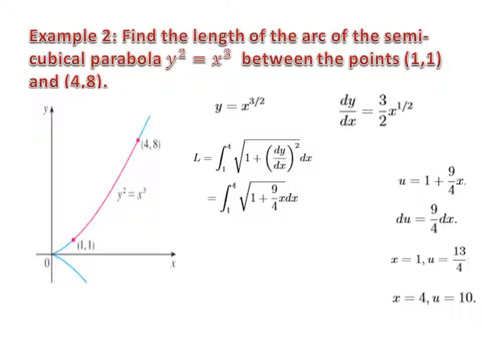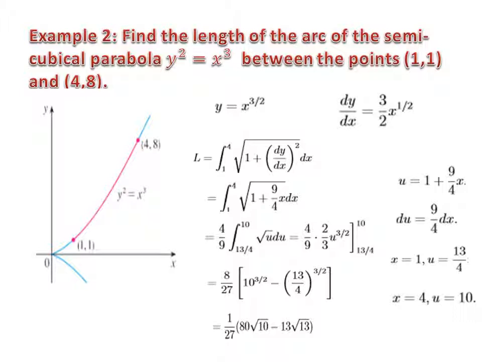And we also don't forget to use the substitution method. We let u equal 1 plus 9/4 x and du equal 9/4 dx. When x is equal to 1, u equals 13/4, and when x is equal to 4, u is equal to 10.